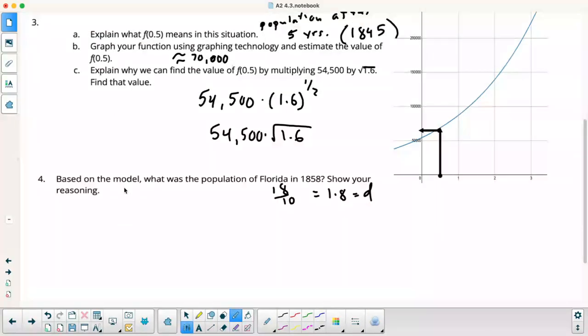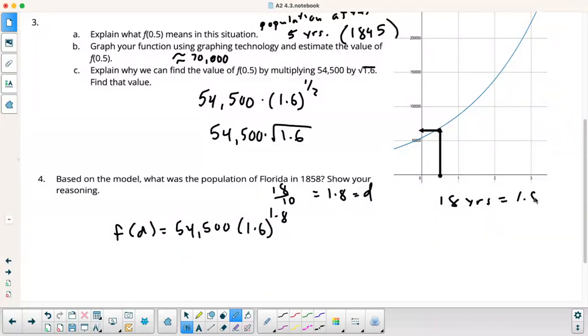Okay, so I'm going to take my function, which was f of D equals 54500 times 1.6. And I'm going to plug in 1.8. Why 1.8? Again, 18 years. This is in years. 18 years equals 1.8 decades. So you got to divide by 10. Oh, I shouldn't have said f of D. I should have said f of 1.8.